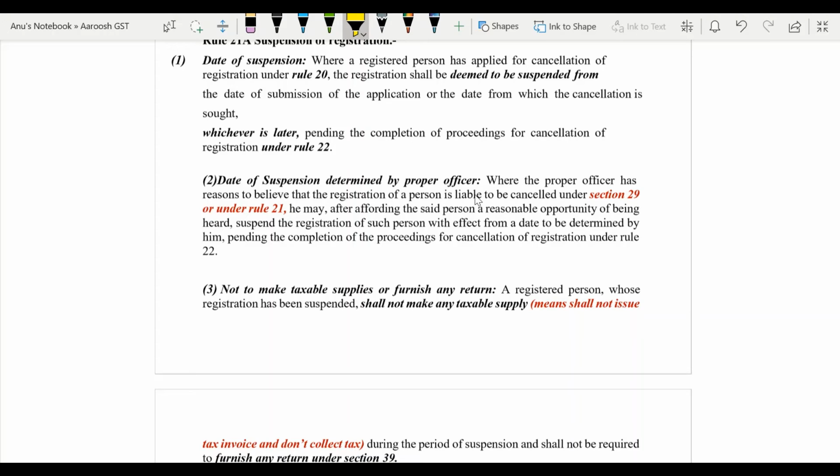Where the proper officer has reasons to believe that the registration of a person is liable to be cancelled under section 29 or under Rule 21, he may, after affording said person a reasonable opportunity of being heard, suspend the registration of such person with effect from a date to be determined by him, pending the completion of proceedings for cancellation of registration under Rule 22. So the proper officer can determine whatever date that he or she feels is the date for the suspension. It's his authority to decide the date.